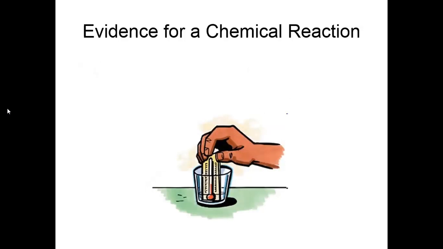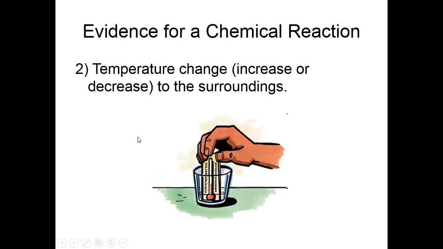The second evidence is the temperature change, increase or decrease, relative to the surrounding. For example, two or more substances reacting inside this cup, there is exchange of heat or temperature with the environment.